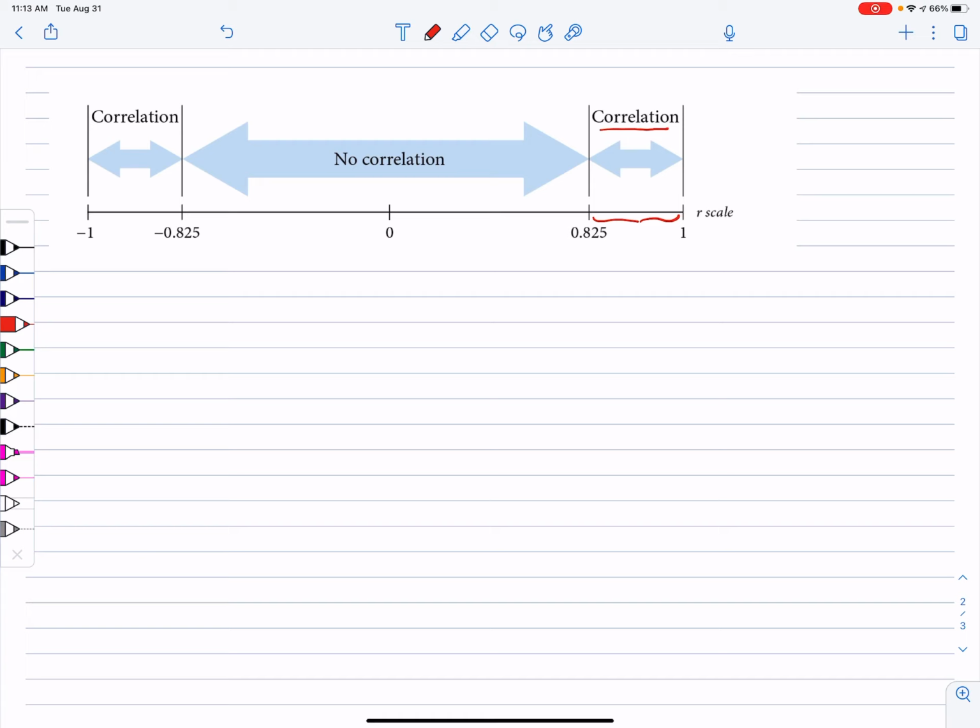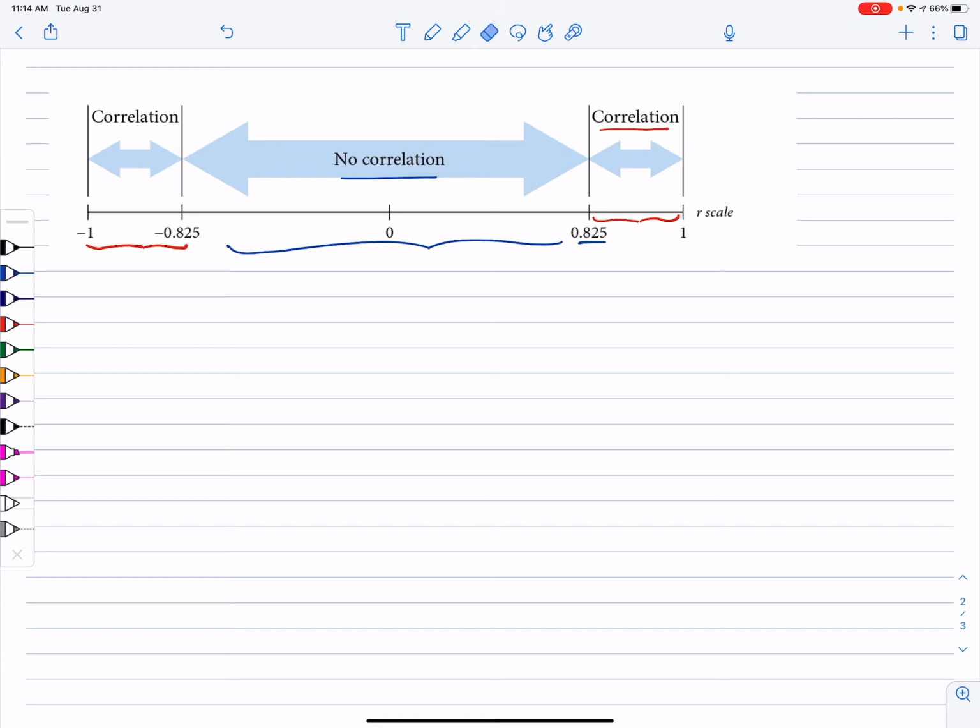R values that are between negative 1 and negative 0.825 fall in the correlation region. And then numbers in between negative 0.825 and positive 0.825 fall in the no correlation region.